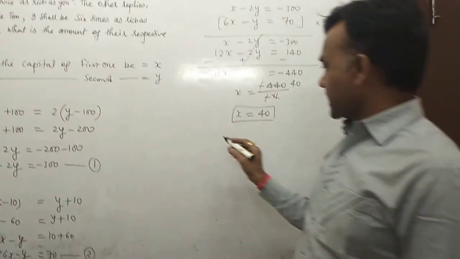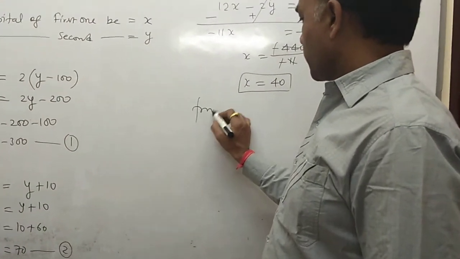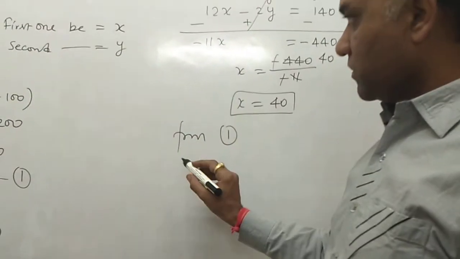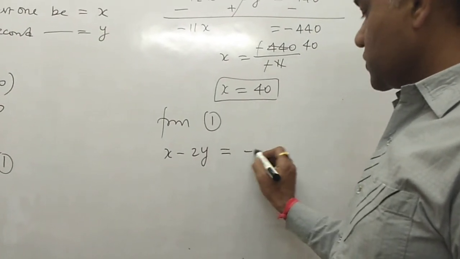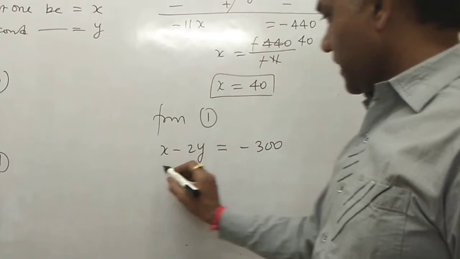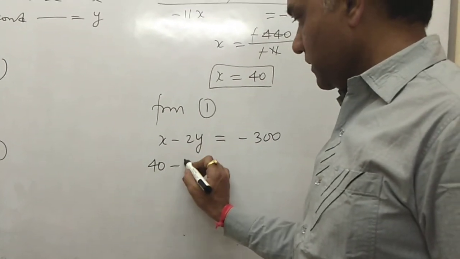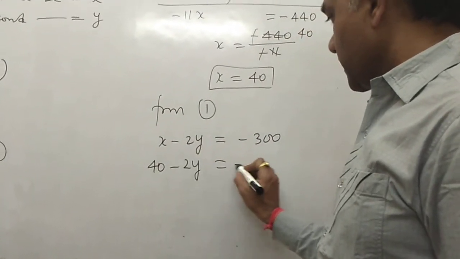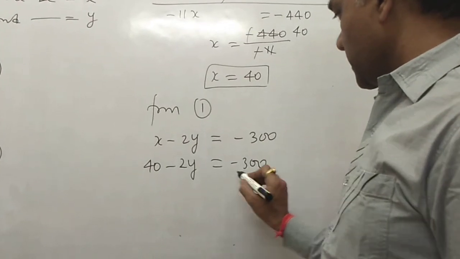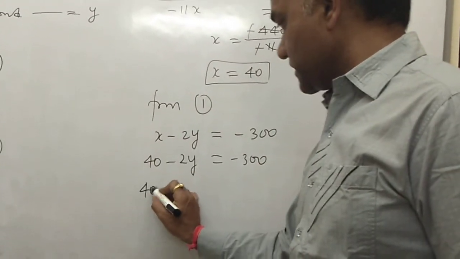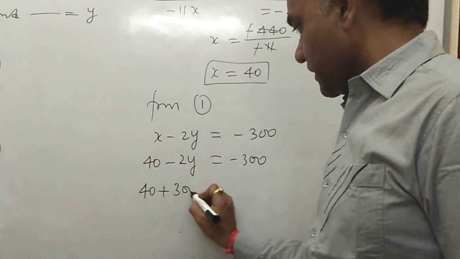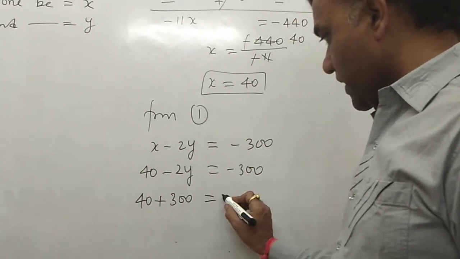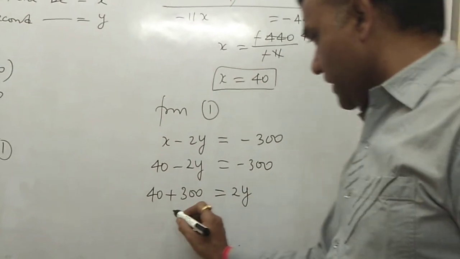Now we find the second from equation 1, x minus 2y equal to minus 300. We put the value of x here: 40 minus 2y equal to minus 300. Now 40 as it is; this minus 300 on the left-hand side becomes plus 300, and this minus 2y on the right-hand side becomes plus 2y.